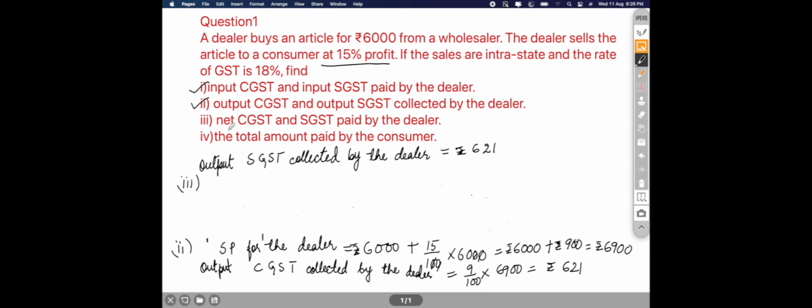Now part 3, net CGST and SGST paid by the dealer. So net CGST paid by the dealer equals to output CGST minus input CGST.